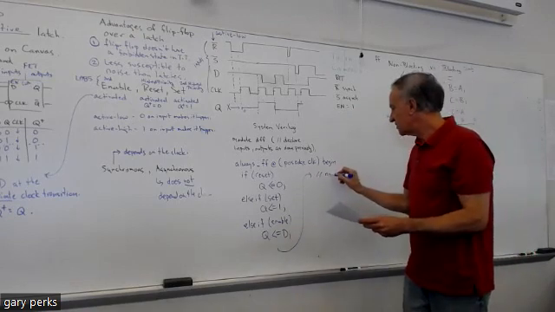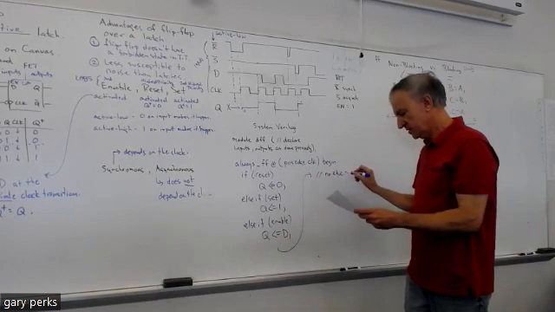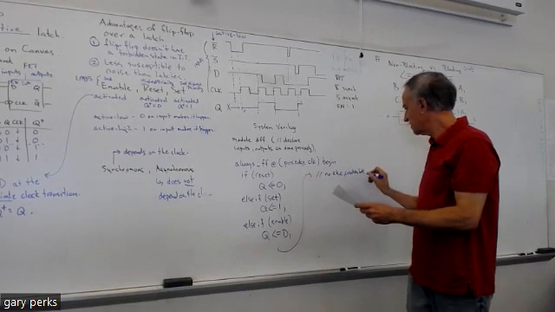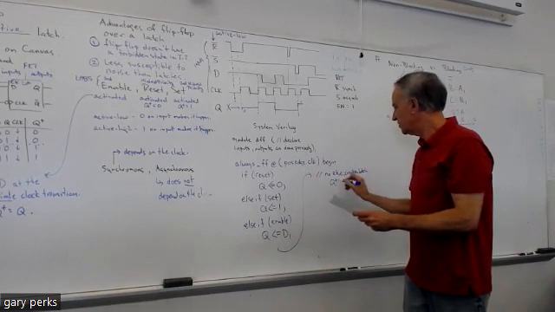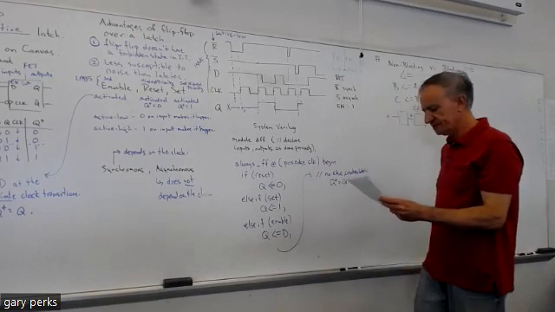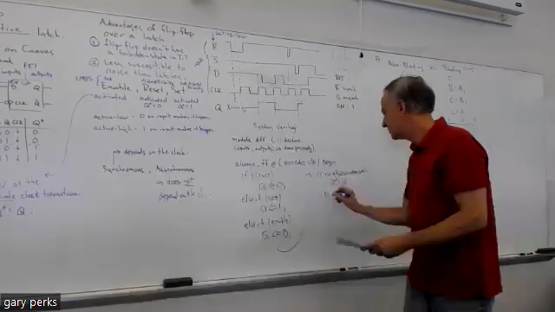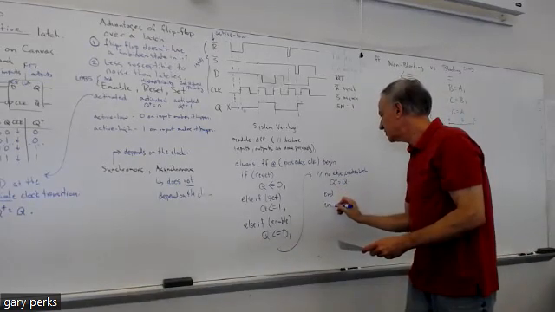So you see no else, and this creates a latch where next data Q is just going to equal Q. And then you would end this begin, then endmodule.